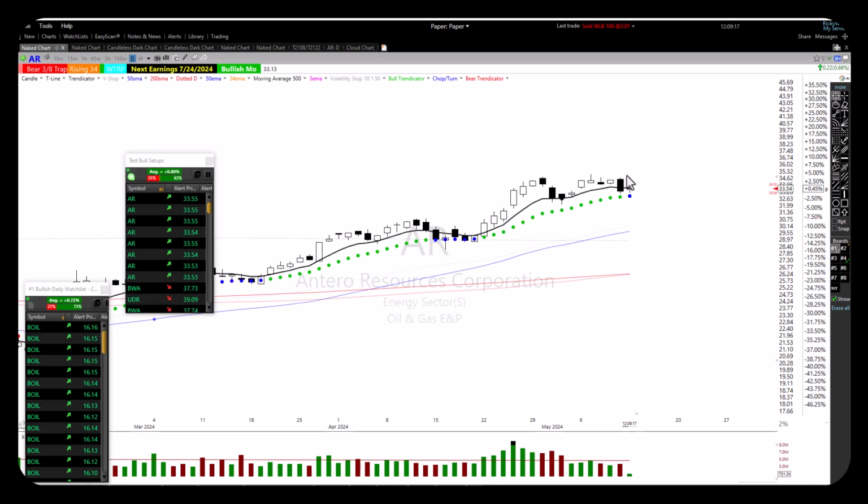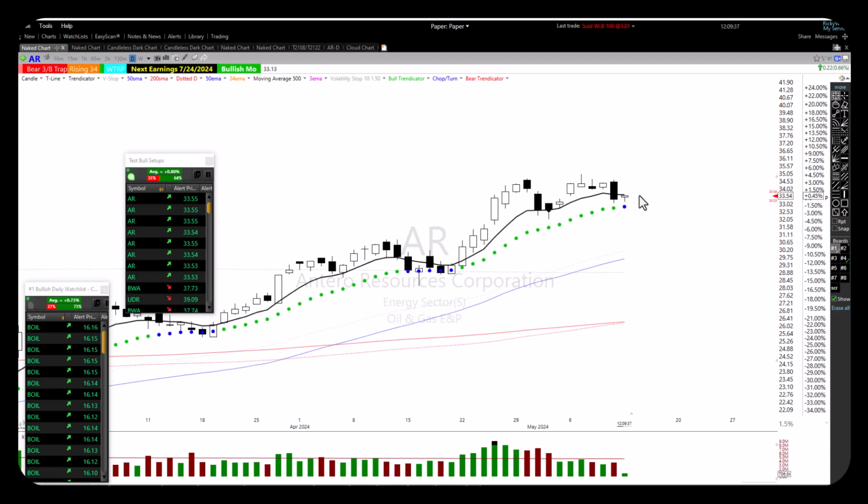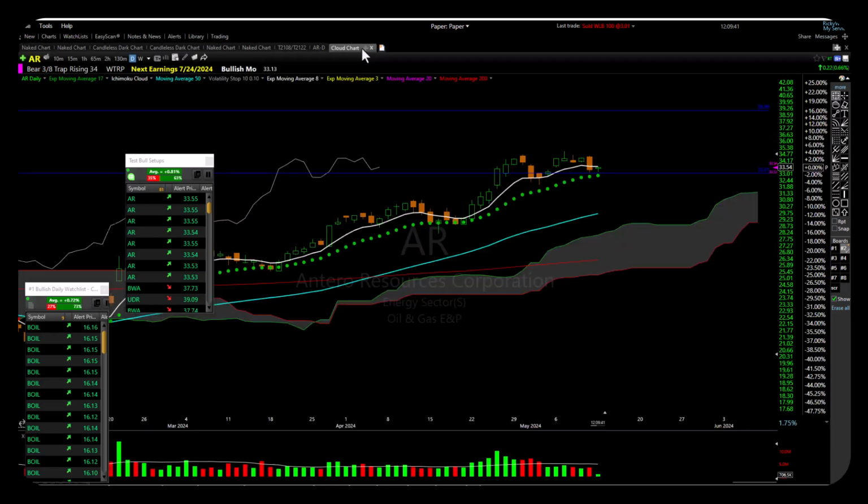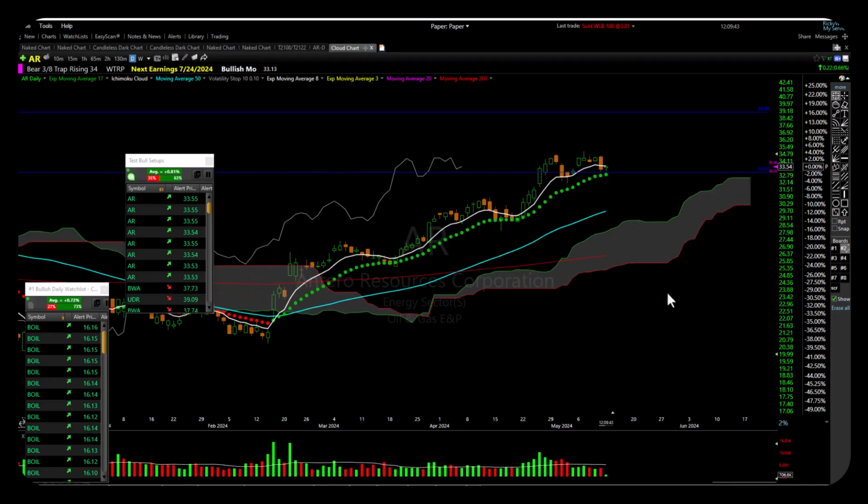When it comes down to when I'm going to buy it, what I'm going to be looking for is the setup. And take this, whatever this is, AR. This meets all my criteria up until we get to, is it a buy? And no, that's not a buy for me. So I'm going to wait for this to become a buy. But if you looked at that cloud chart, it meets all the conditions.